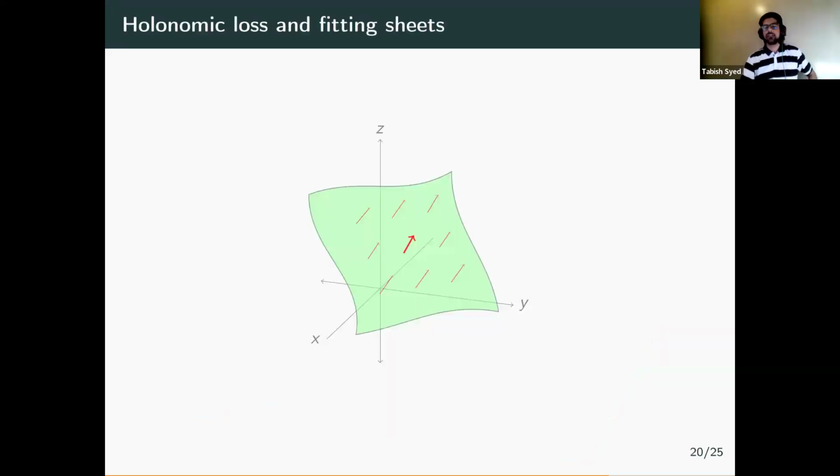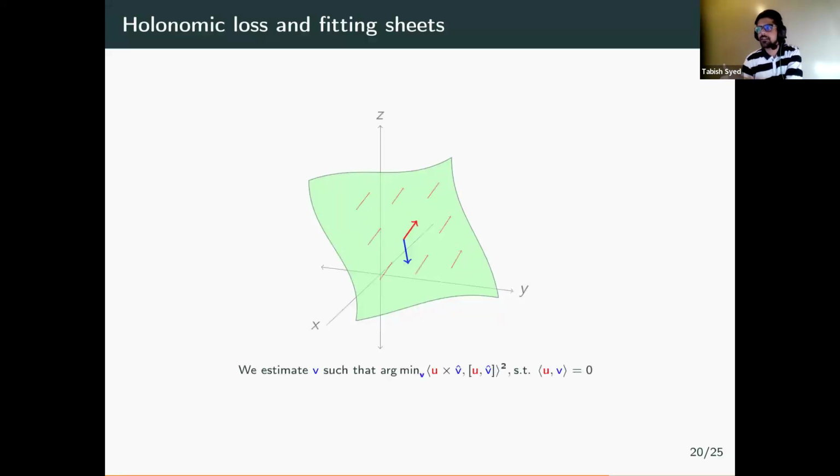Okay, so here's the formulation. We are given u, which is red. We estimate another vector field v, which is orthonormal to u, and which minimizes the normal component of the Lie bracket. So locally they will form a sheet, meaning the parallelograms will close. We use simple gradient descent to do this.